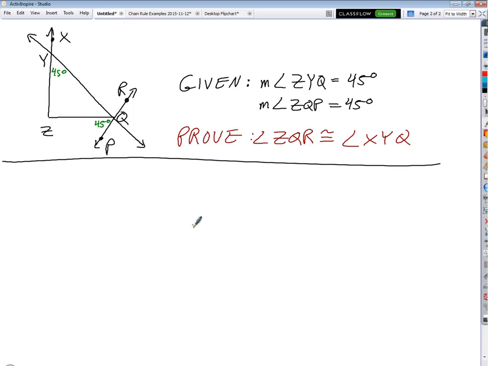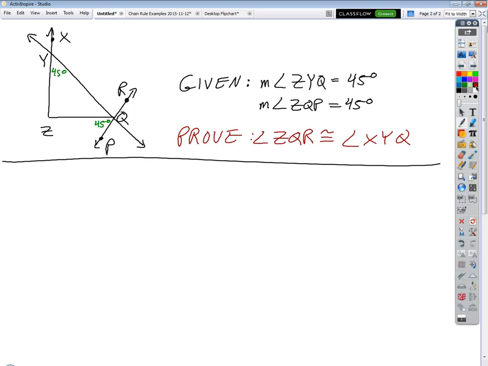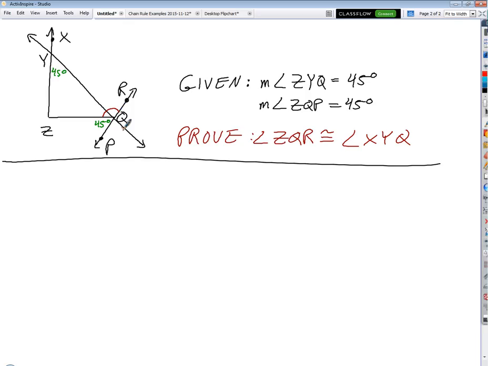And we're supposed to prove that ZQR, so that angle, is congruent to XYQ, so that angle. That's what we've got to prove, right? This is a pretty good problem. It's a little tougher.